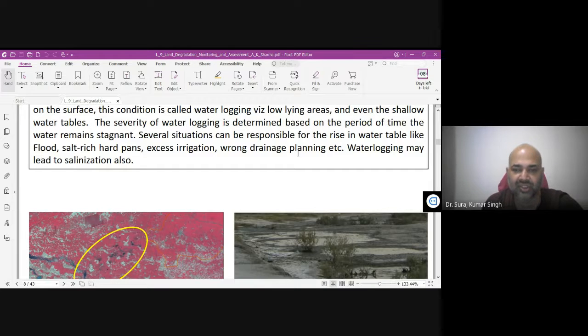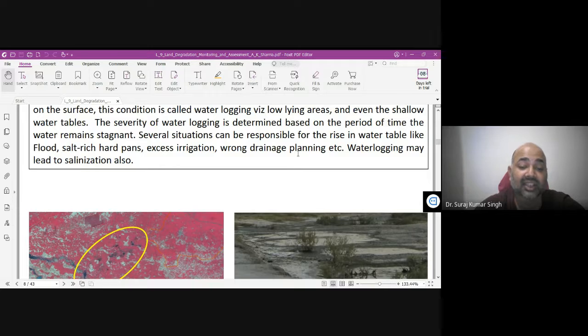Several situations can be responsible for the rise in the water table; generally it is because of flood. Then you have salt-rich hard pans, excessive irrigation, and wrong drainage planning. Waterlogging may lead to salinization. I have done my PhD on this topic, waterlogging and flood hazards, and whether the reasons are natural, man-made, or anthropogenic, we'll be discussing one day in detail.